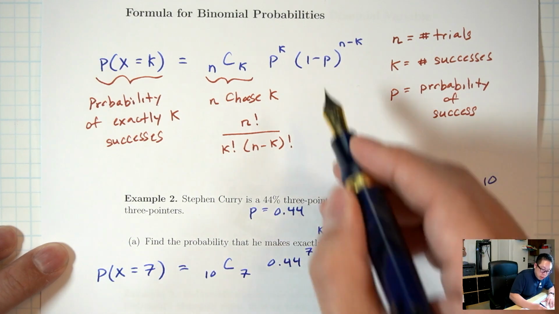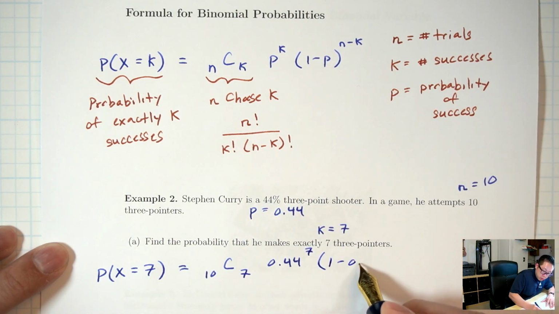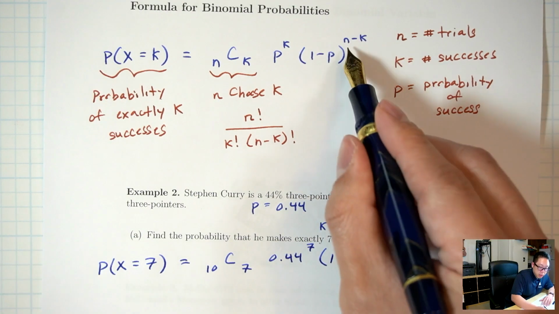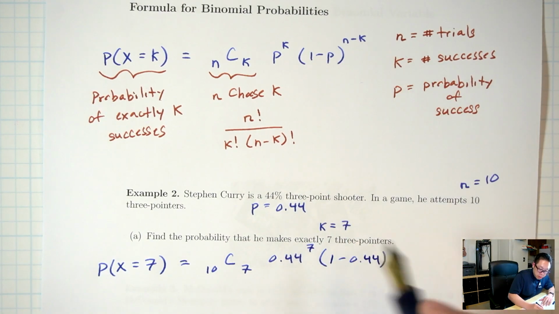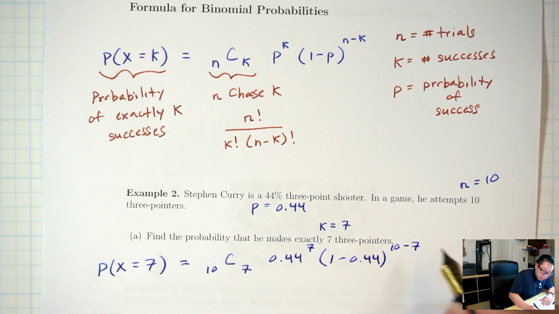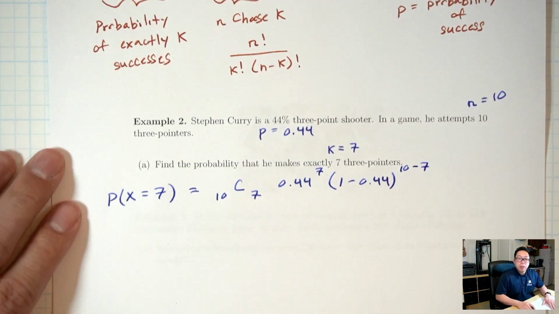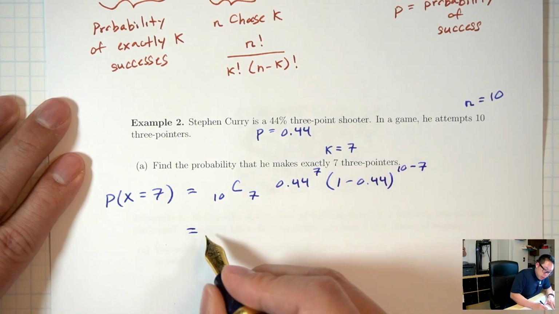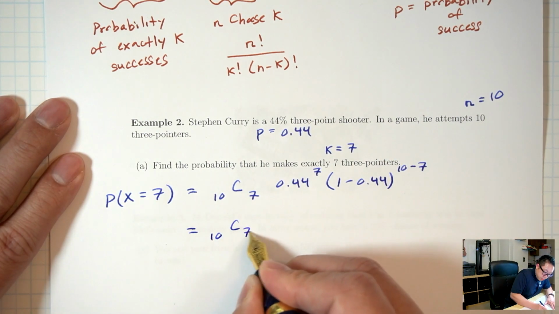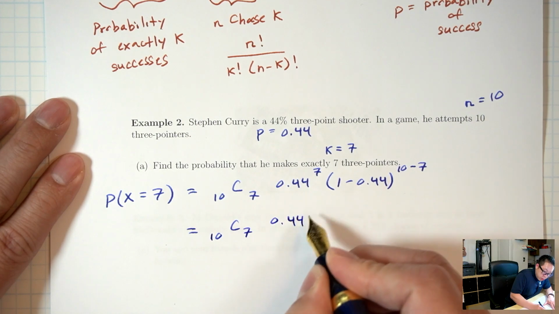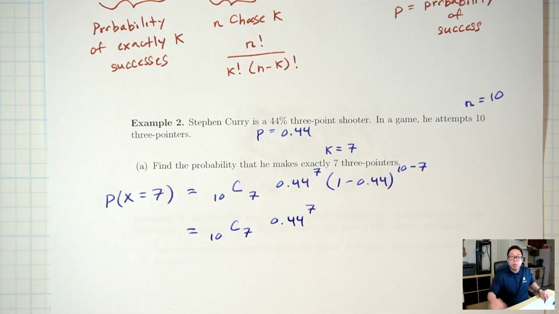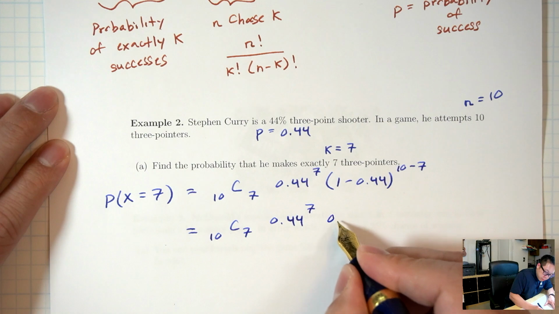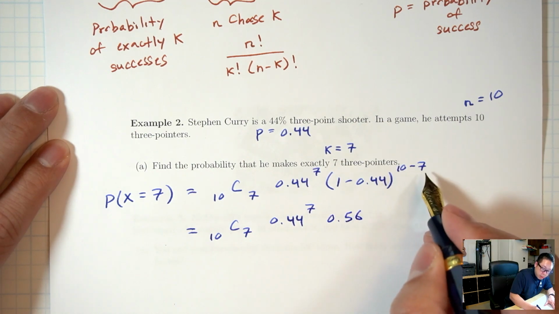And then 1 minus p, 1 minus 0.44, to the n minus k, 10 minus 7. Okay, so let me simplify this part a little bit. So we have 10 choose 7, 0.44 to the 7. 1 minus 0.44 I'm going to do here is 0.56. And then 10 minus 7 is 3.